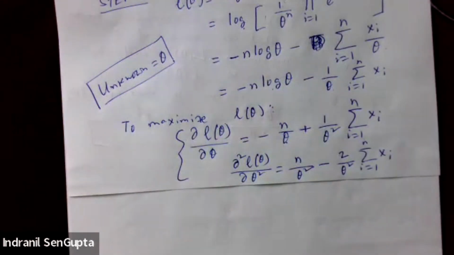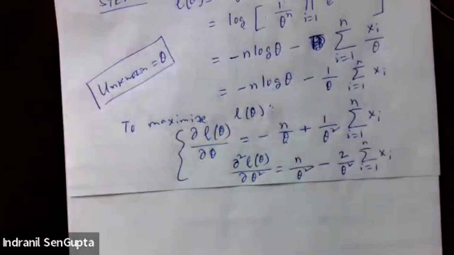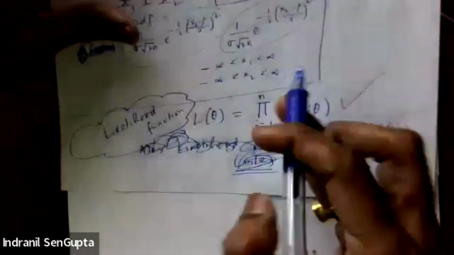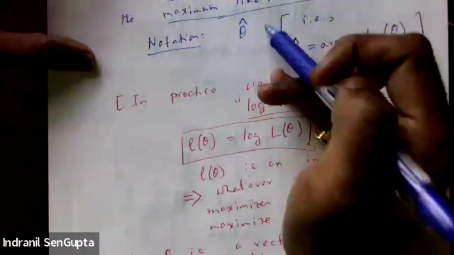So what do you have to do? I think it's better if I just break it into 3 steps. Step 1 was to construct the likelihood function, which we have done. Step 2 is the log likelihood.